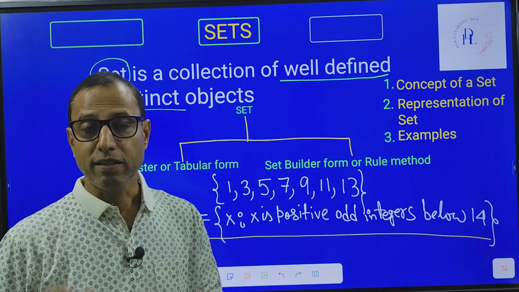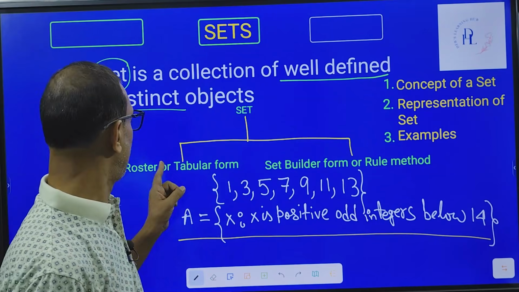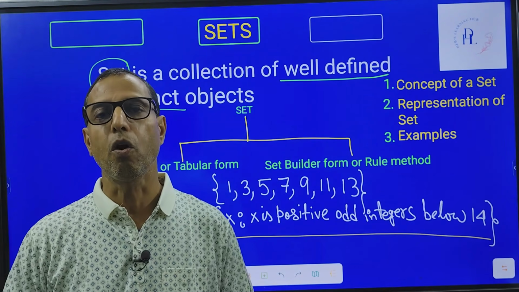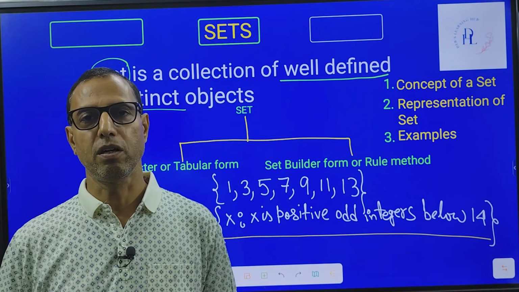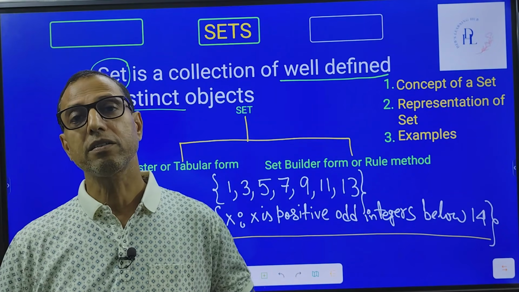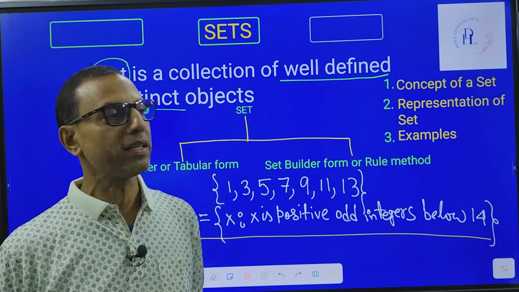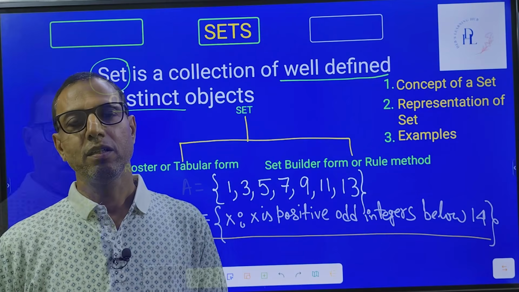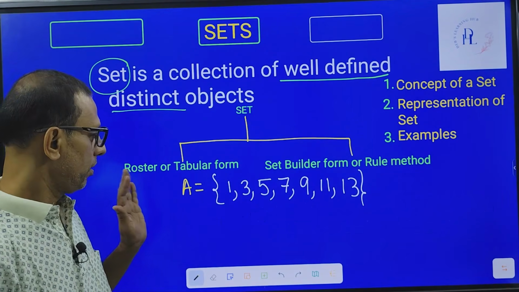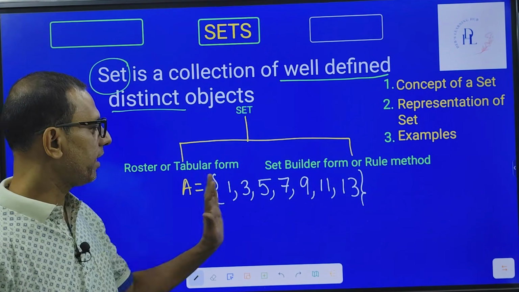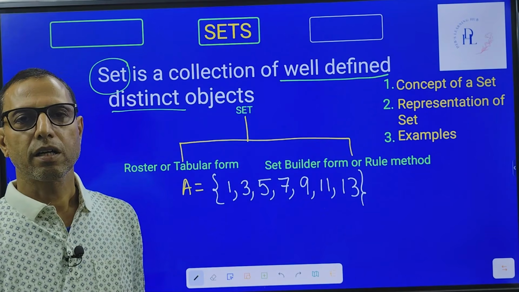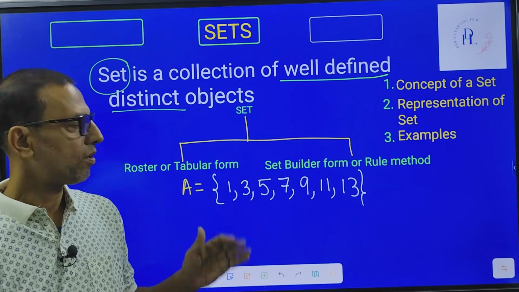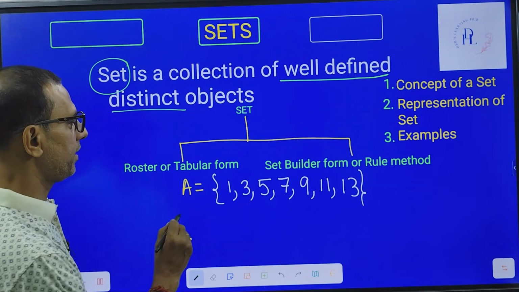But there is a limitation of roster or tabular form. If there is a huge number of members, it is always better to express the set in set builder form. Got it? Now another thing: if A is a set of this collection of numbers, then each member of that set can be represented like this.